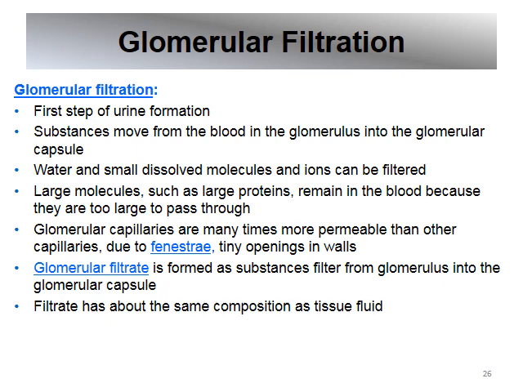The fenestrae are the tiny openings in the wall that allow the movement of these substances and water through. And once this liquid has entered the glomerular capsule, or Bowman's capsule, we call it the glomerular filtrate, and this will have the same composition as tissue fluid.